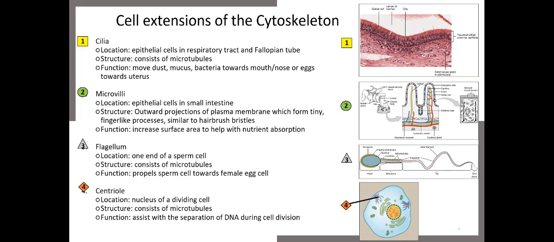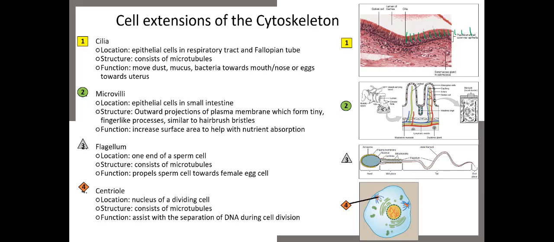And then I'm going to finish off with how, in some cells, we have extensions of the cytoskeleton. Some cells have cilia, and you see the cilia over here.